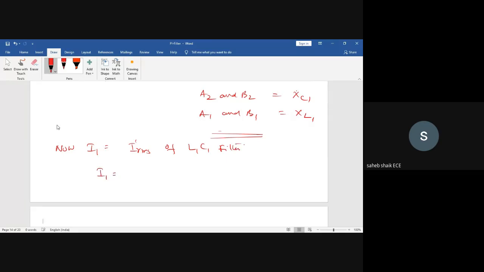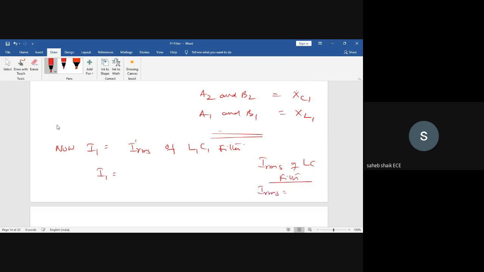I1 is expressed as the IRMS value of the LC filter. What is the I1 calculation? The IRMS value of the LC filter.